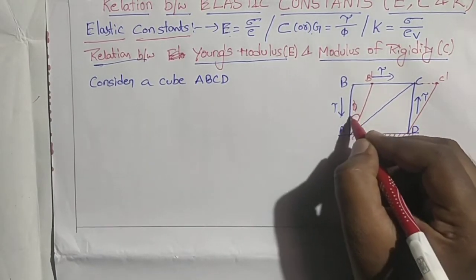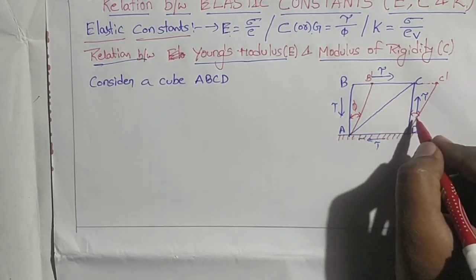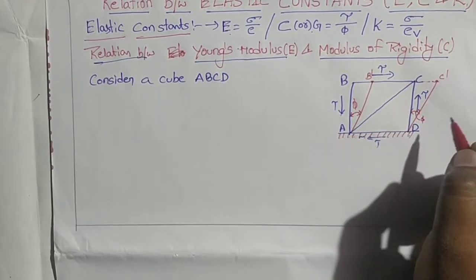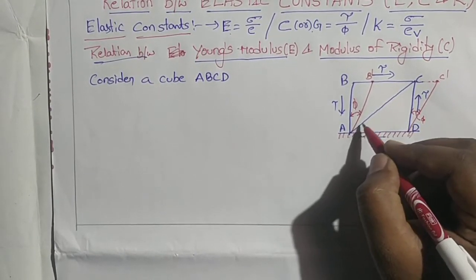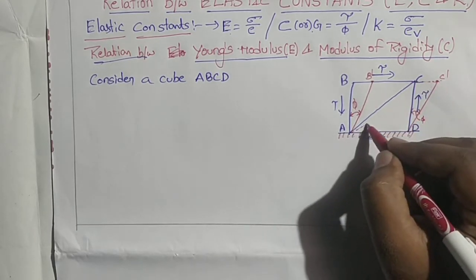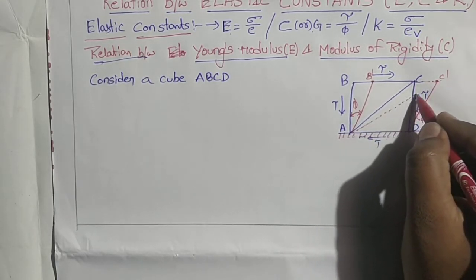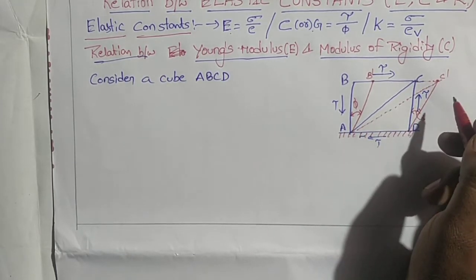This is the deformation angle phi. The diagonal AC is also shifted, since C moves to C dash, so the diagonal is subjected to tensile stress.